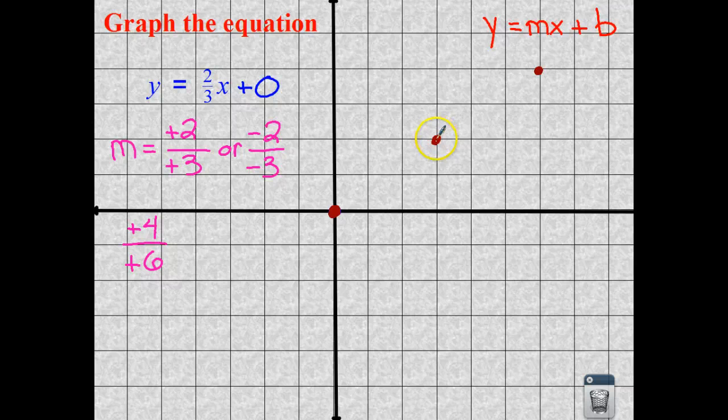So how am I going to get the bottom portion of my line? Well, I'm going to use my other fraction that I created. So from my origin, I'm going to go down 2, because it's -2, and left 3, because it's -3. Down 2, left 3. Then you take out your straight edge, and you have your line.